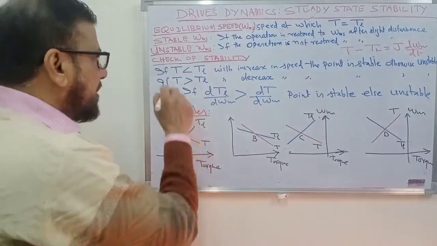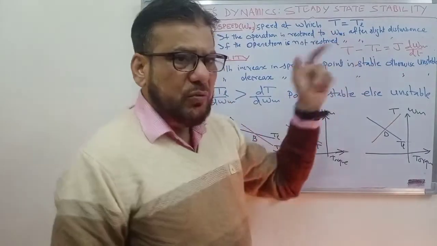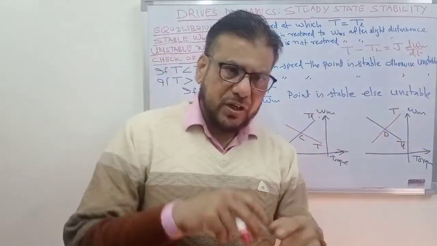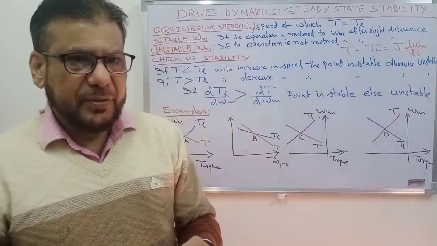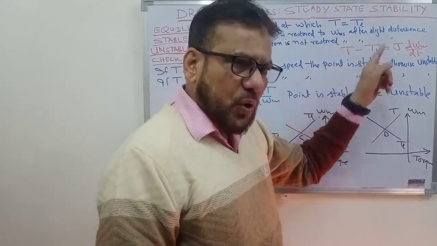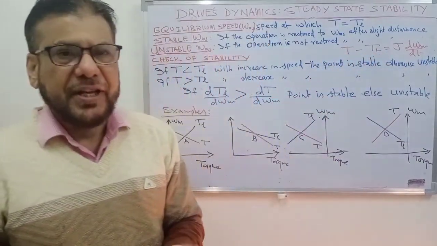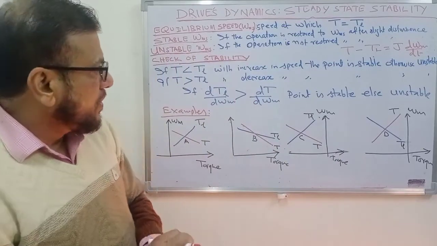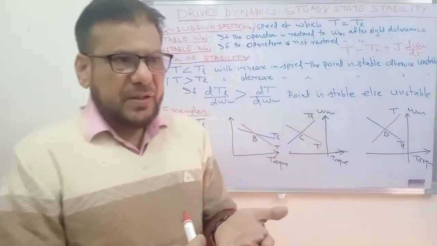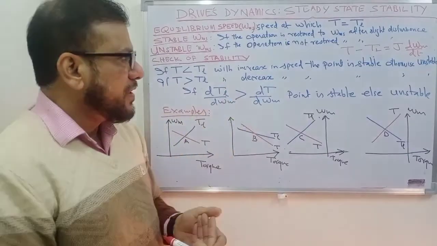You can see that in the motoring mode, the motor torque is a driving torque. Motor torque is causing the speed. So motor torque is the driving torque and the load torque is the braking torque, opposing torque. So when the speed of the motor increases, then what should be the case?